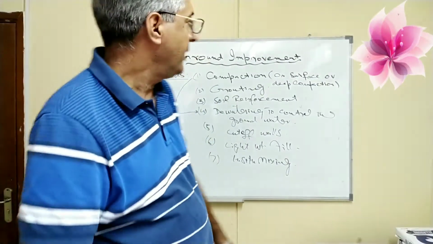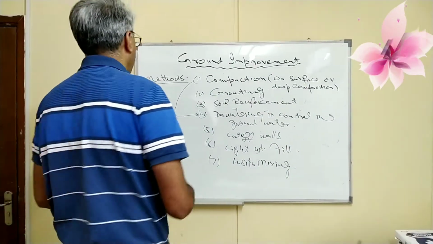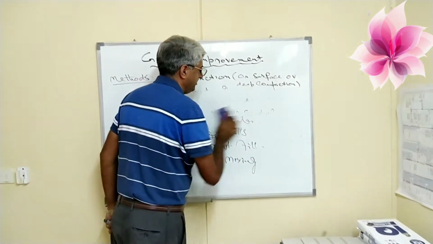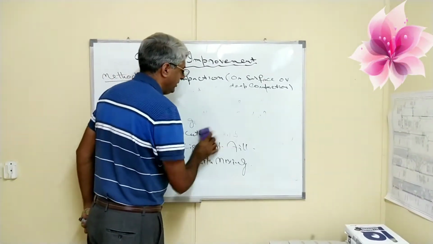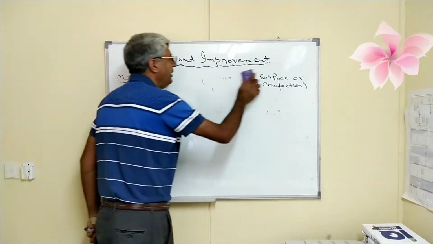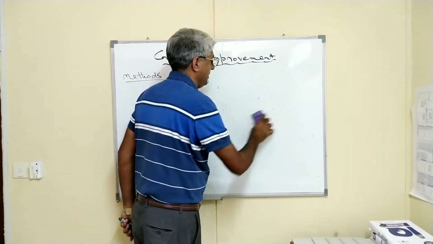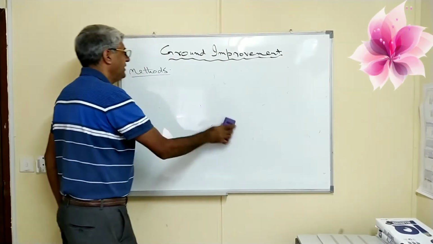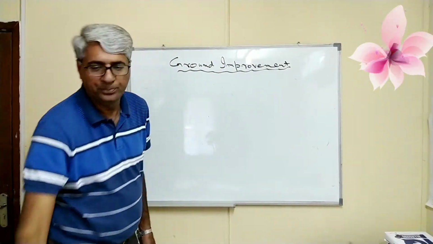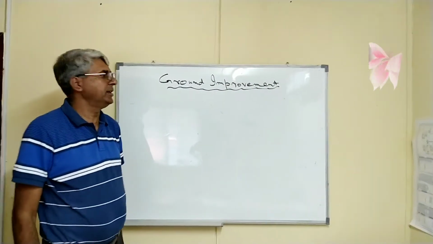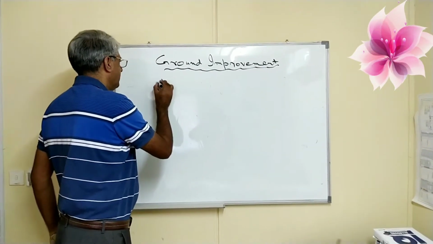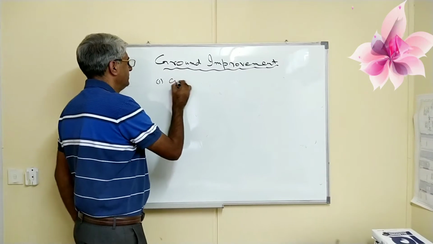Now, when we have done this method of the improvement, what are we going to get from this improvement? First of all, the achievement of this ground improvement is, we have done the compaction. During this compaction, our soil particles come close to each other. When our soil particles are close to each other, what are we going to achieve through this procedure of ground improvement? First thing, compaction.